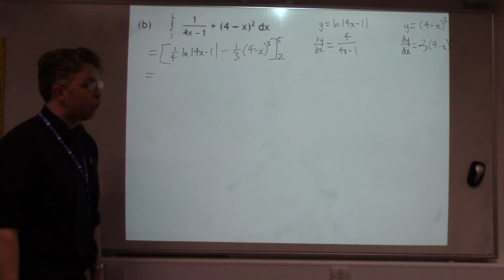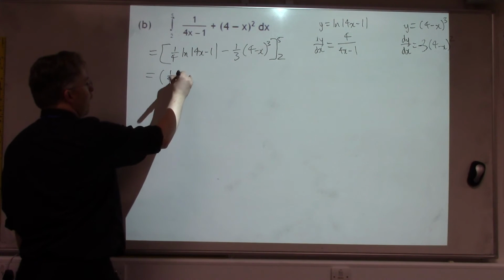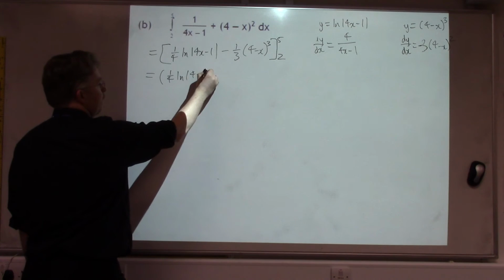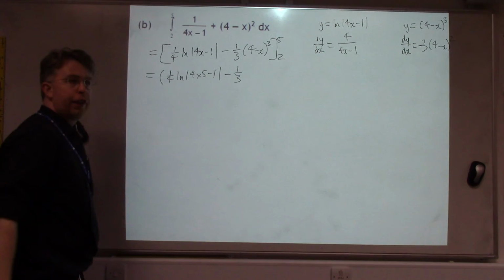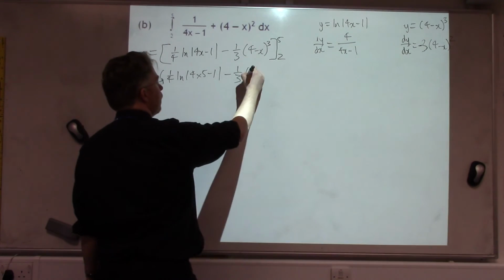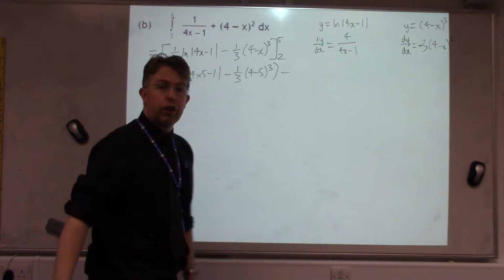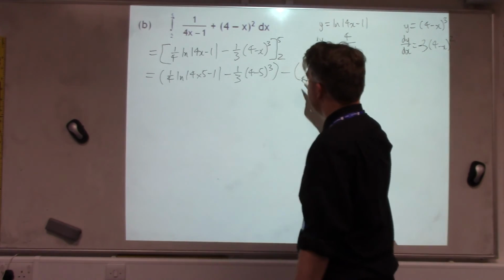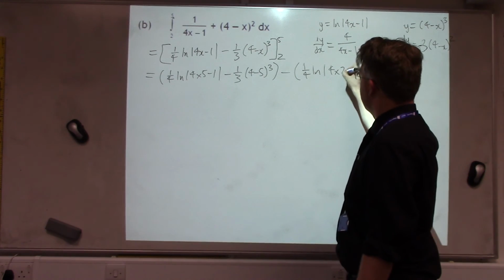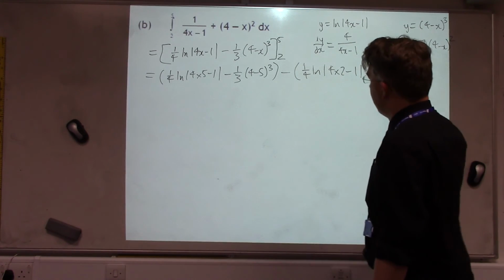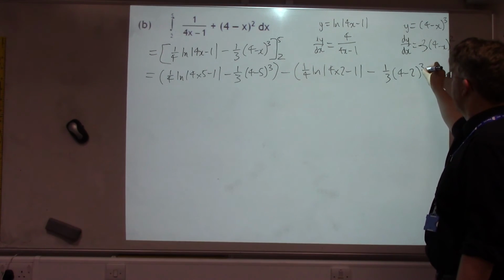Now this is one we could do exactly, so we will. So a quarter ln 4 times 5 minus 1, minus a third, 4 minus 5 cubed. Doesn't mean you can't use the calculator for various bits of it, of course. Minus, a quarter ln 4 times 2 minus 1, minus a third, 4 minus 2 cubed.